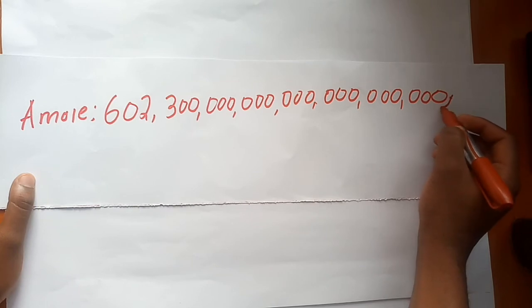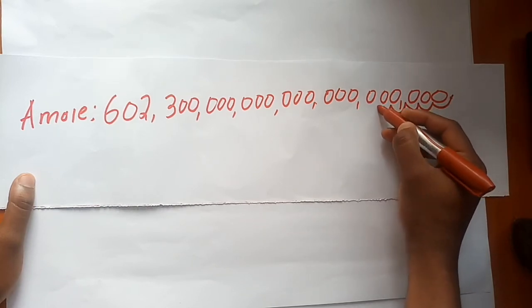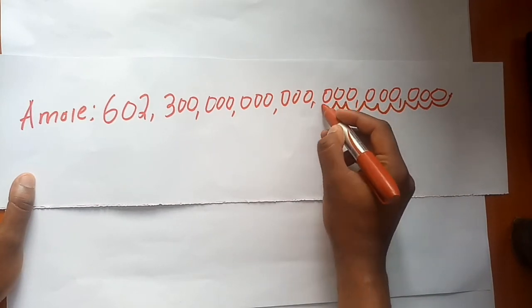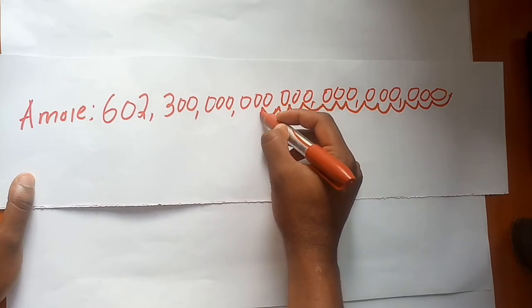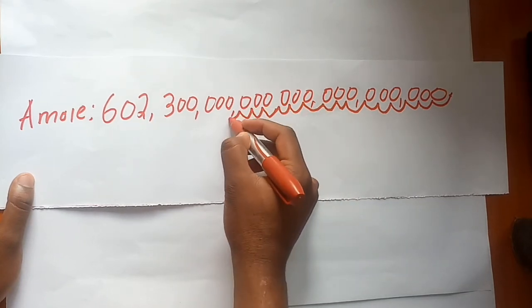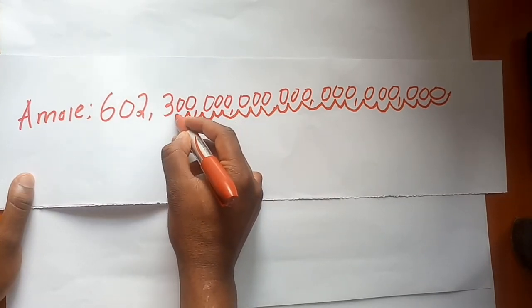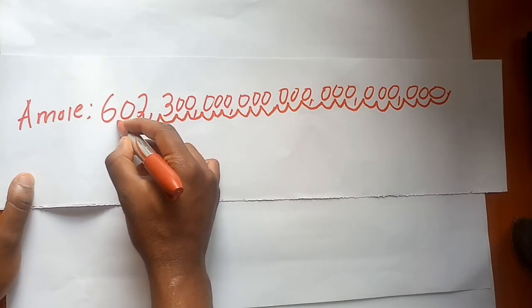So that is 1, 2, 3, 4, 5, 6, 7, 8, 9, 10, 11, 12, 13, 14, 15, 16, 17, 18, 19, 20, 21, 22, 23.